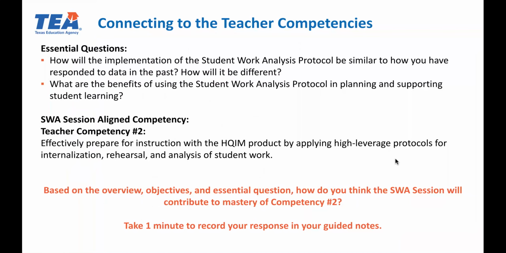All right. Before we dive into our session, we're going to set our purpose for learning. Go ahead and take a second and read the essential question and the aligned competency.